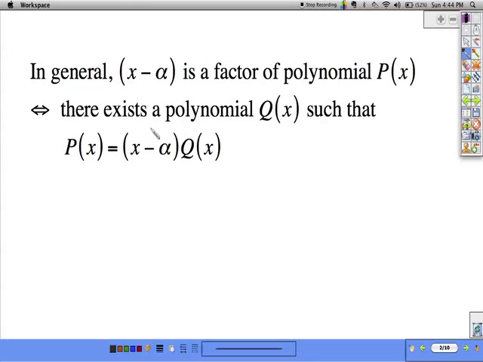So, just to expand on this a little bit, we have this idea that x minus alpha is a factor. We also have talked that alpha is a 0. And just a second ago we said if x minus alpha is a factor, that means that there's no remainder.